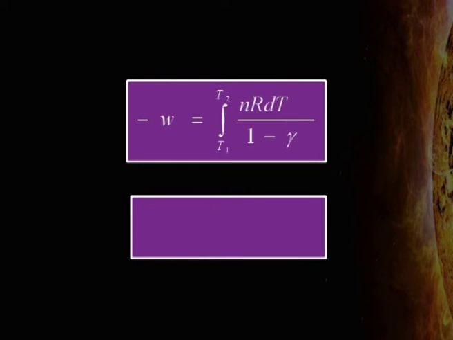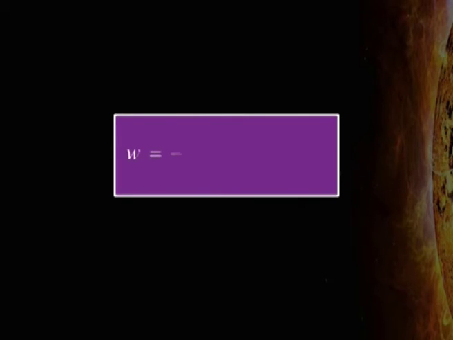This will be equal to nR multiplied by T2 minus T1 upon 1 minus gamma, or we can say that W is equal to minus nR multiplied by T2 minus T1 upon 1 minus gamma.